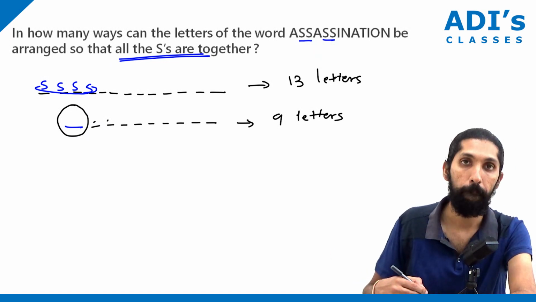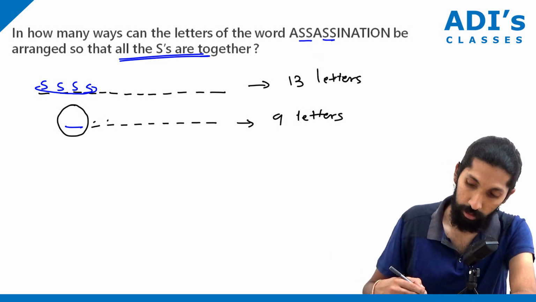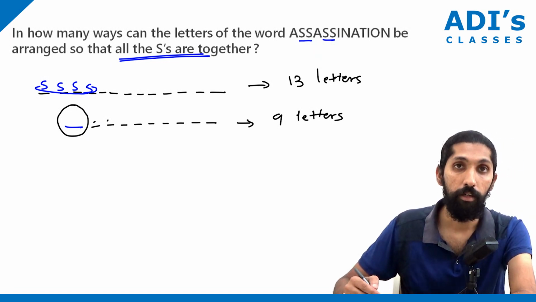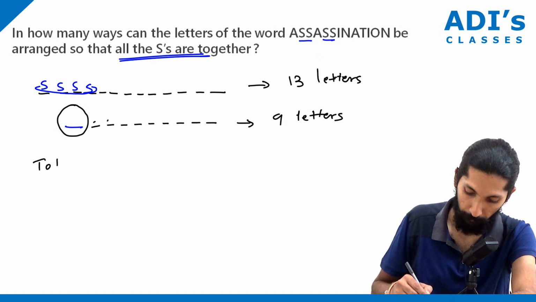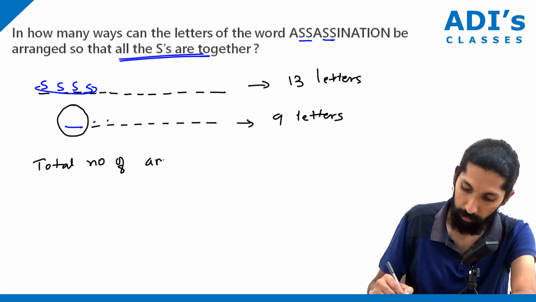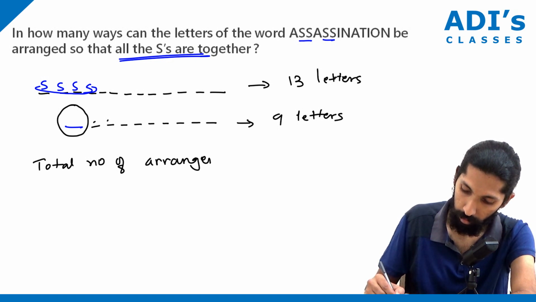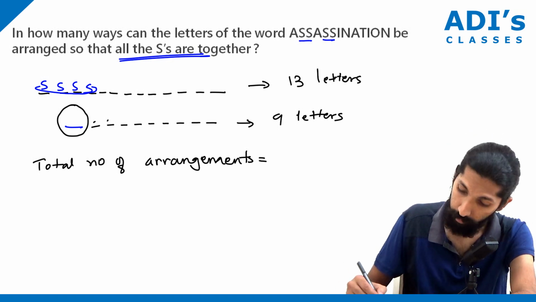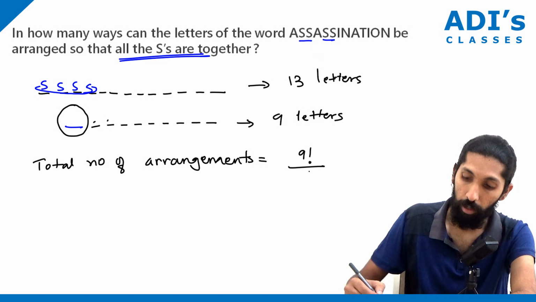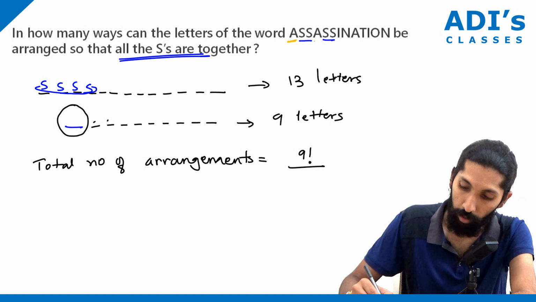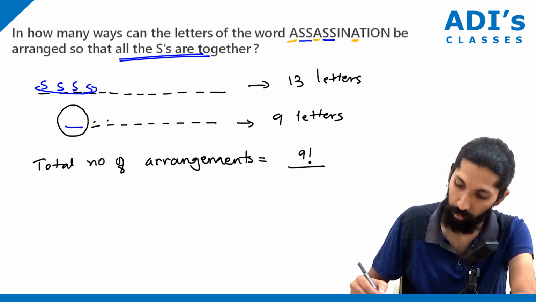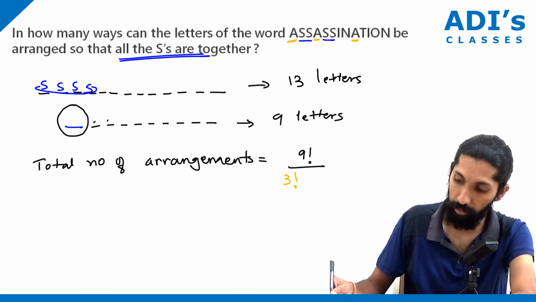9 letters. Correct? So since all the S's are together, next what is the thing we need to do? Total number of arrangements. Now we have 9 factorial by how many letters are repeated now? So if you look at this, A 1, 2, 3 by 3 factorial, correct?